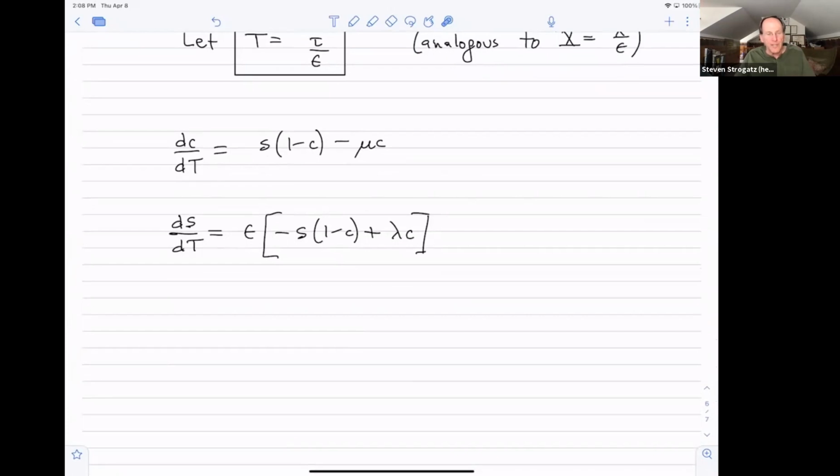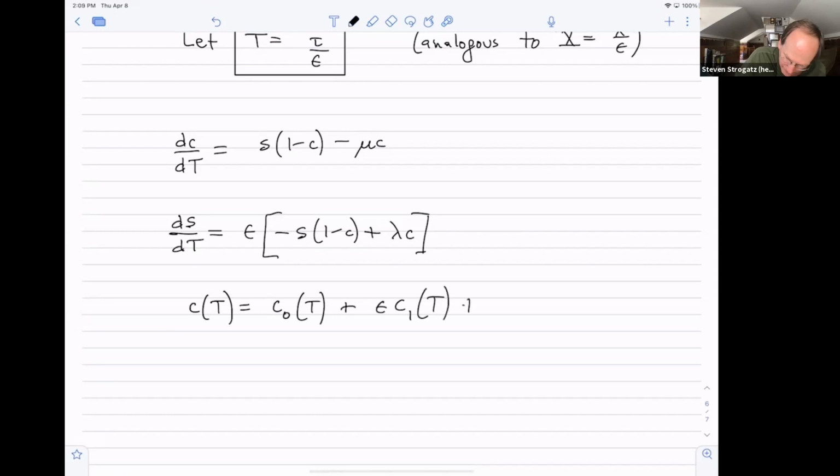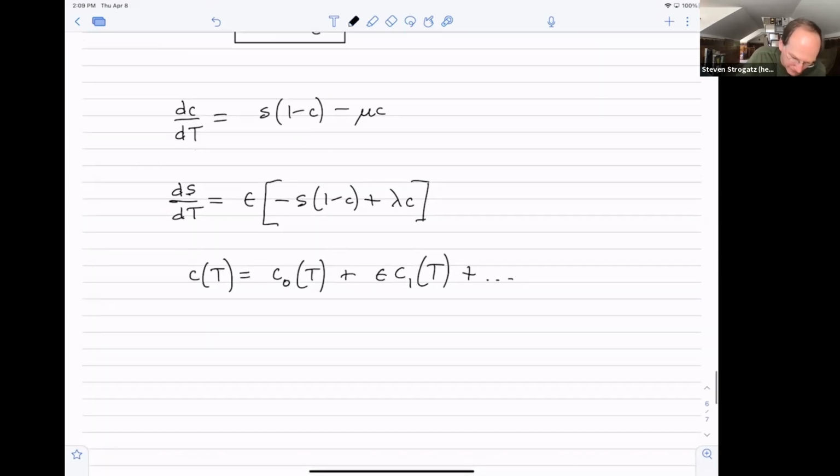But what's the interpretation? If I now start doing perturbation theory on this inner solution, and I write C of t equals C0 of t plus epsilon C1 of t plus et cetera, and similarly S of t is S0 of t plus epsilon S1 of t plus et cetera.